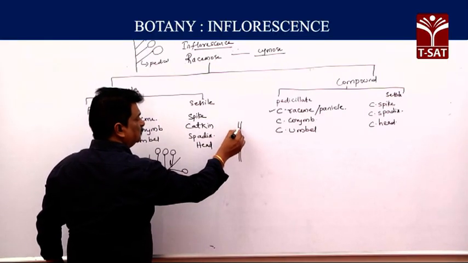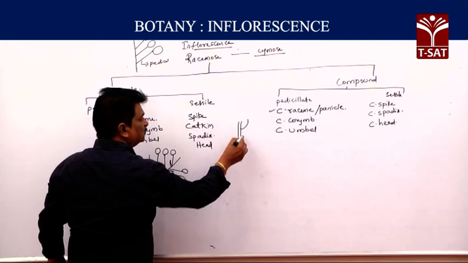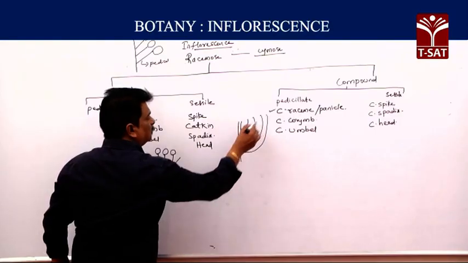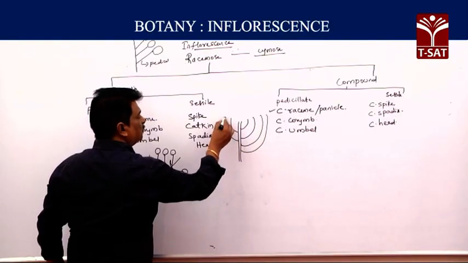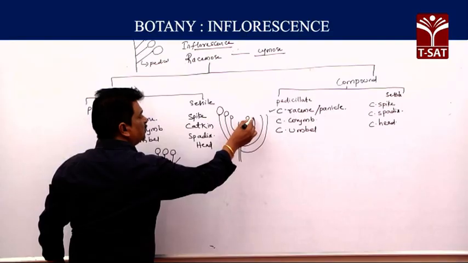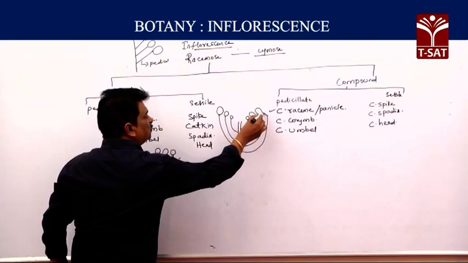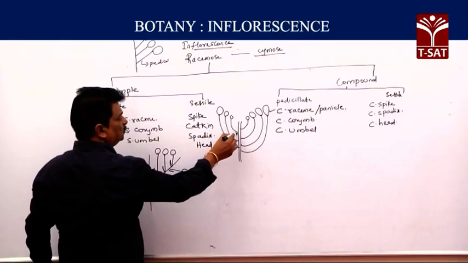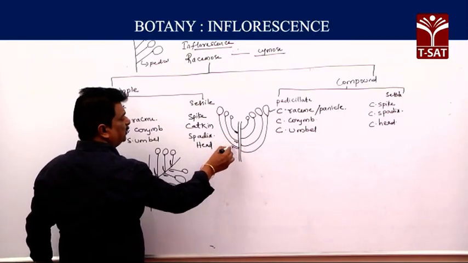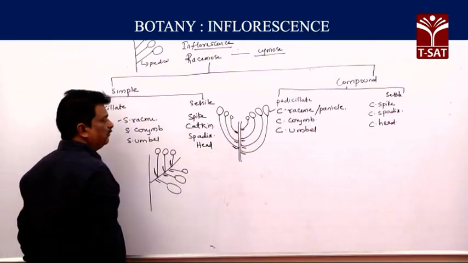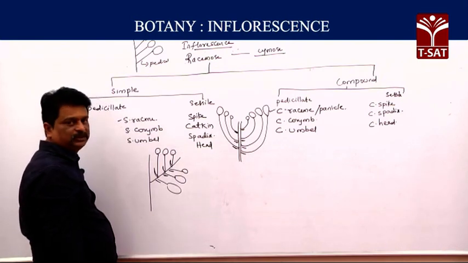In corymb, flowers are produced at different nodes, but all flowers are brought to the same height. Why? It is due to the difference in pedicel length. Because of the difference in pedicel length, all flowers are brought to the same height.